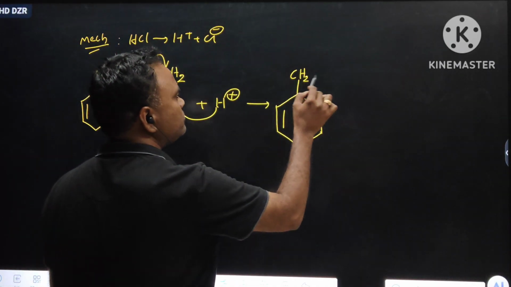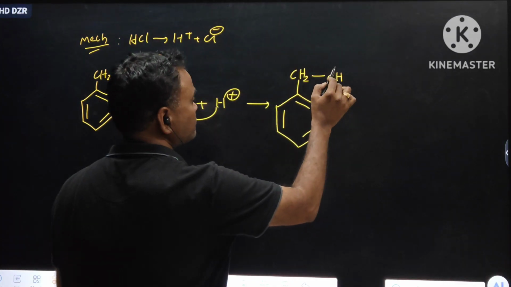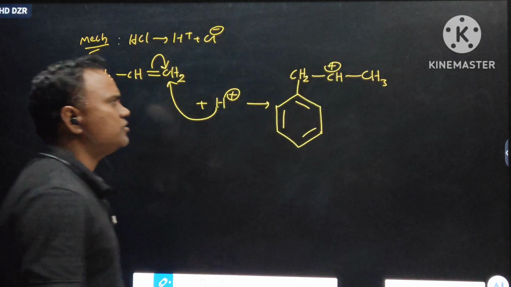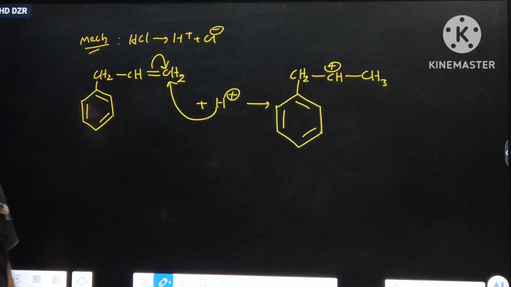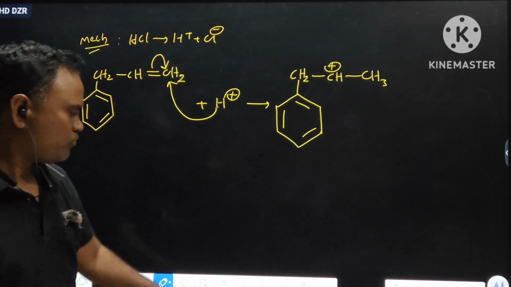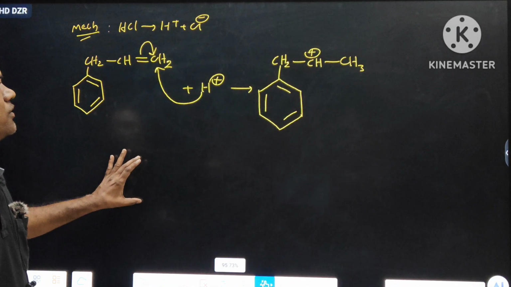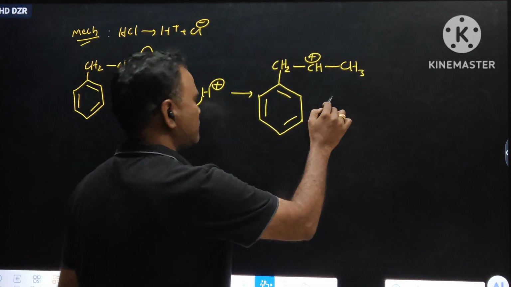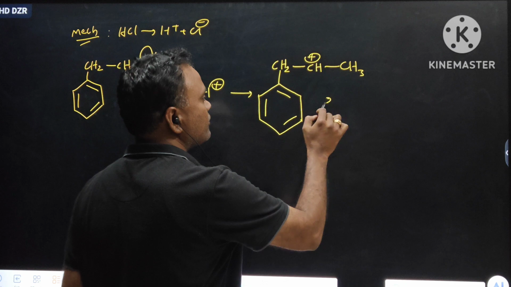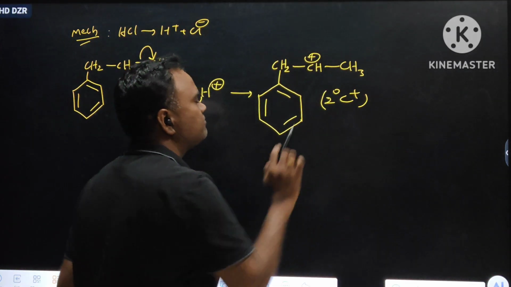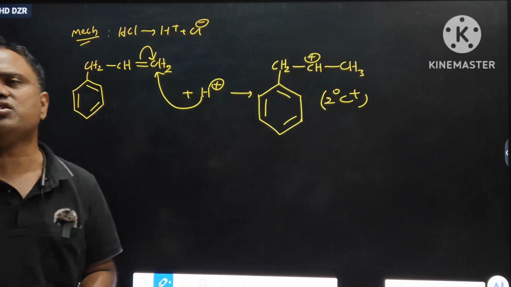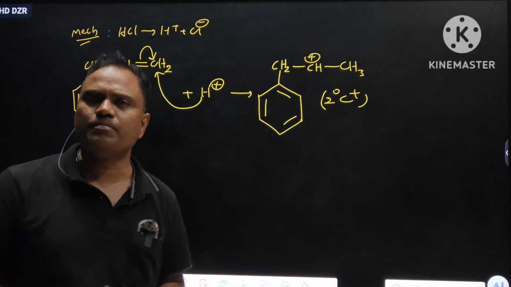CH2, CH positive and CH3. See the degree of this carbocation. This is a 2 degree carbocation. After rearrangement, is there any chance to get a higher degree carbocation?